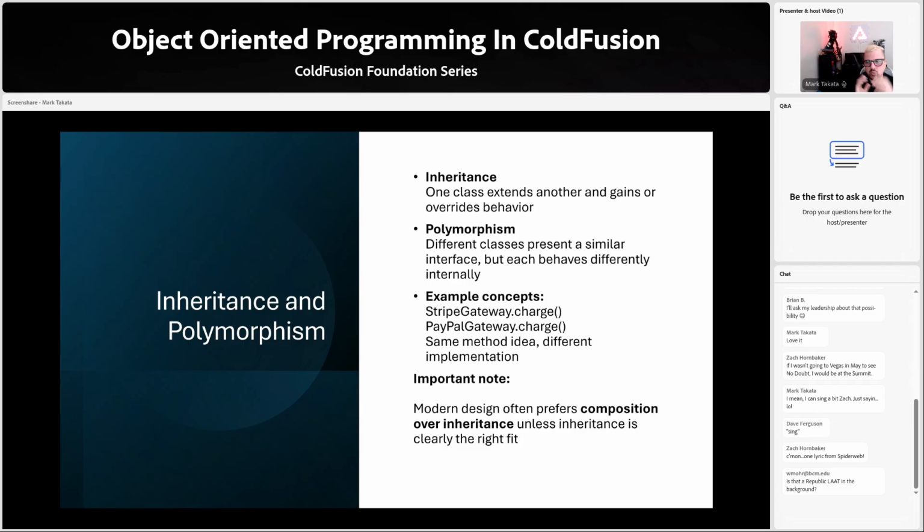Inheritance is when one class extends another to gain some of its power, but then potentially overrides some of the behavior. One example could be setName, and that name is first and last name.